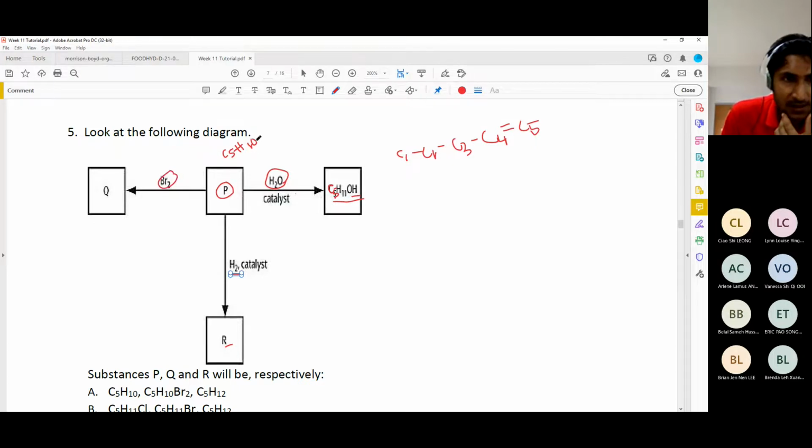Only 2 bromine atoms will be added to it, because we are adding diatomic bromine. Each bromine will go on either side of the double bond, right? 1 bromine is here, 1 bromine is there, like this.